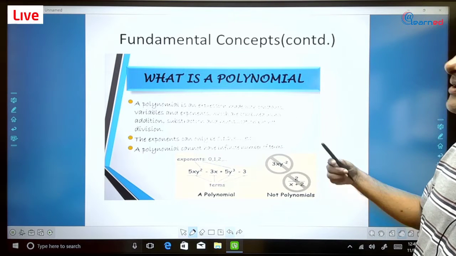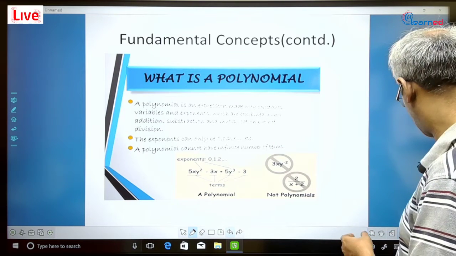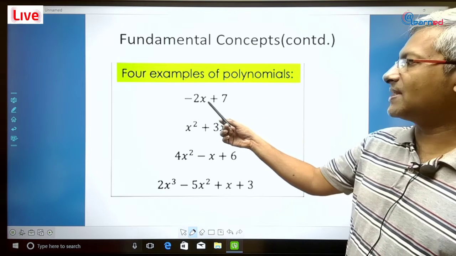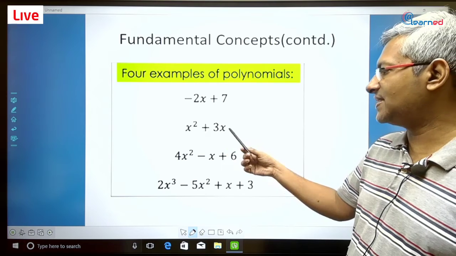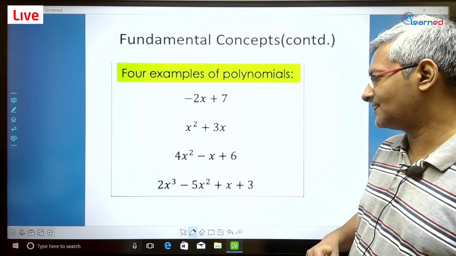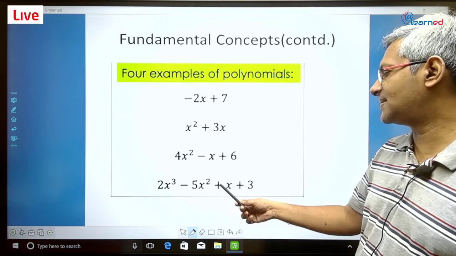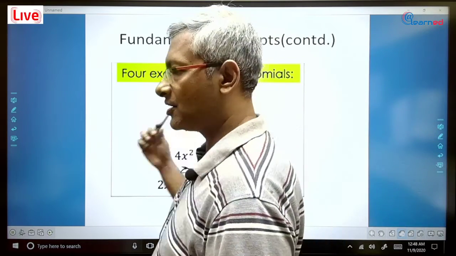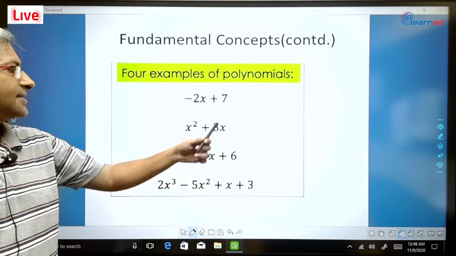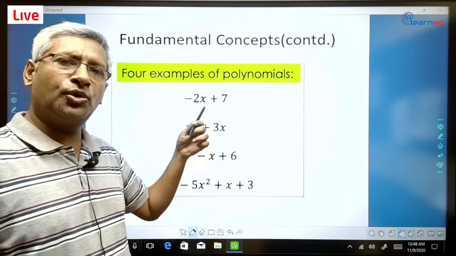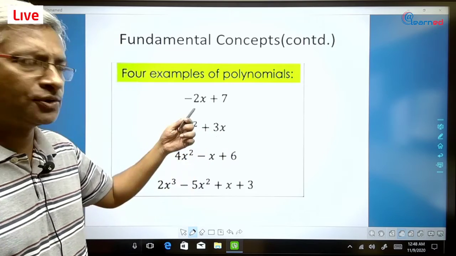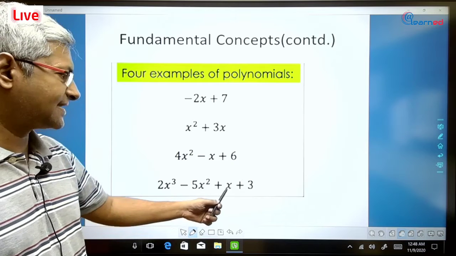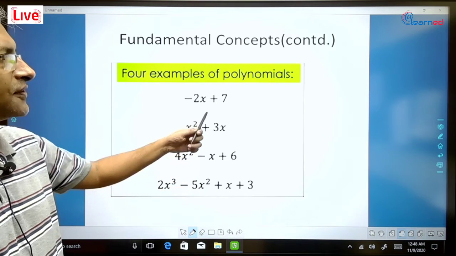Now, we will go into a little bit more detail of polynomials. So, these are the examples of polynomials: minus 2x plus 7, x squared plus 3x, 4x squared, 2x cubed minus 5x squared plus x plus 3. You will see these expressions, we have seen them as monomial, binomial, multinomial. So, this is a multinomial of 4 terms in one variable x.